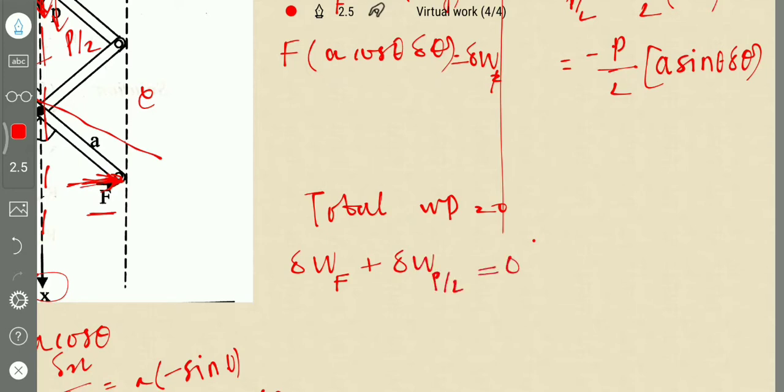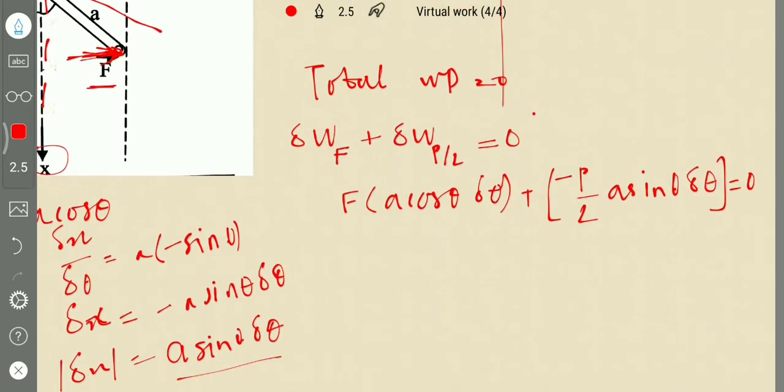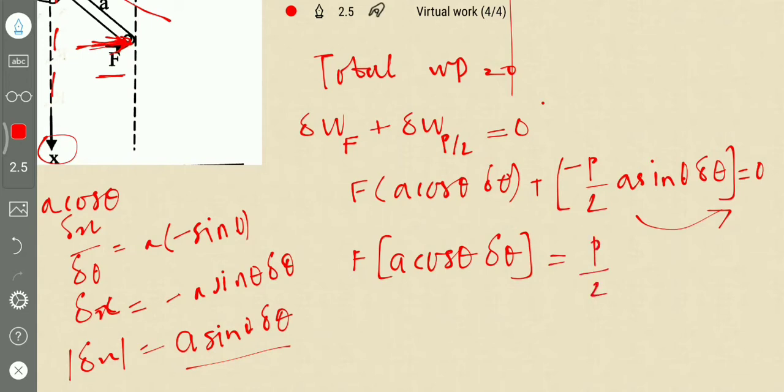Work done by force F is F into a cos theta del theta, and work done by P by 2 is minus P by 2 a sin theta del theta, which should be equal to 0 in order to keep the system in equilibrium. So by sending it to the RHS, F into a cos theta del theta is equal to P by 2 into a sin theta del theta.